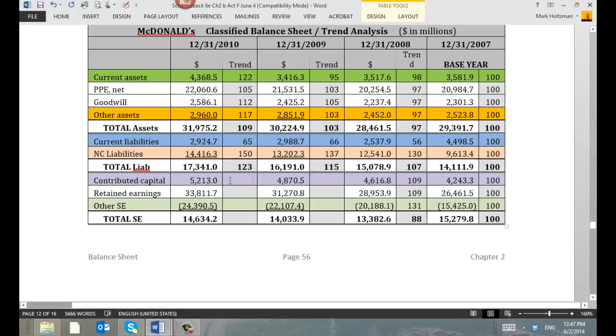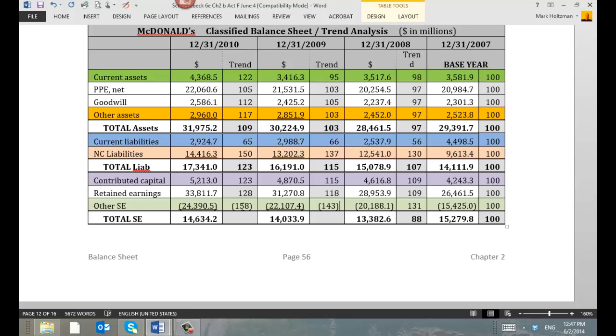Contributed capital is 123 and 115. Retained earnings is 128 and 118. Other stockholders' equity is a negative 158 and a negative 143.